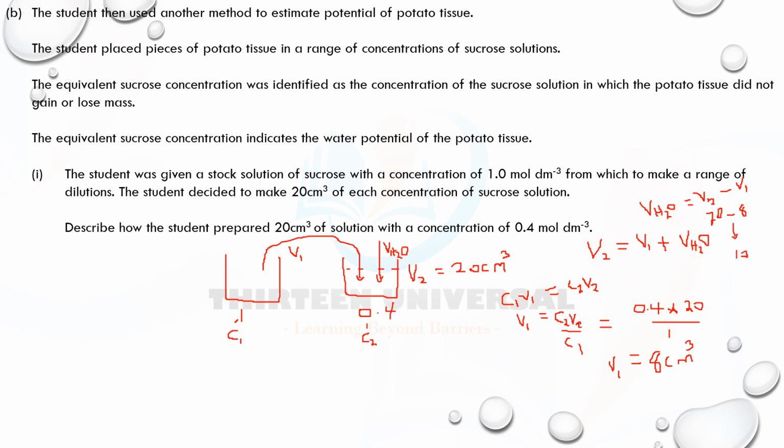We're going to mix it. So how do they say you should describe this? All you need to do is take 8 cm cube of the stock concentration, which is 1.0 mole per dm cube, put it inside a beaker and then add 12 cm cube of water to it.